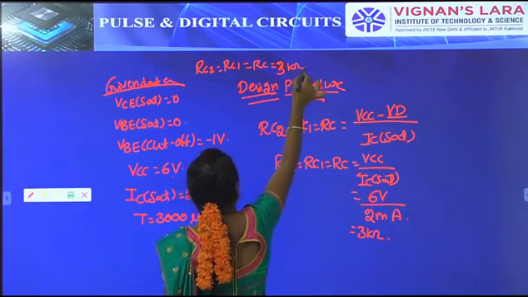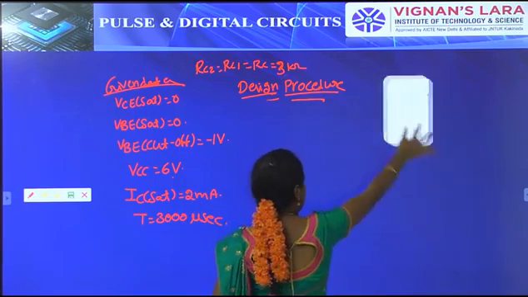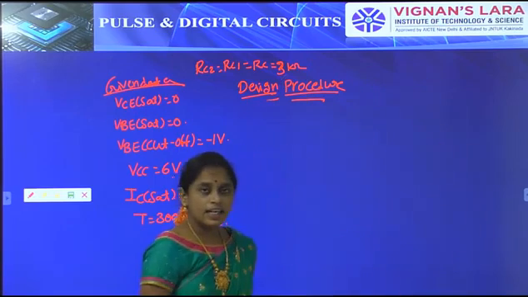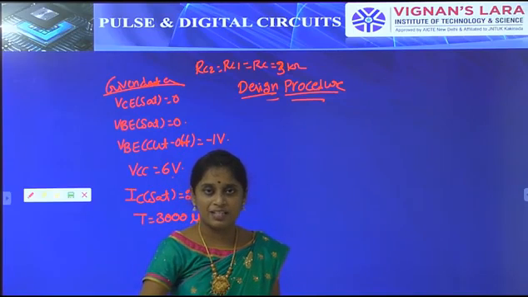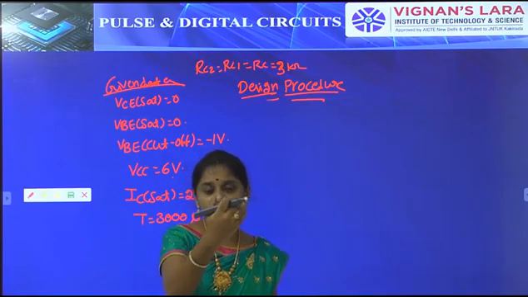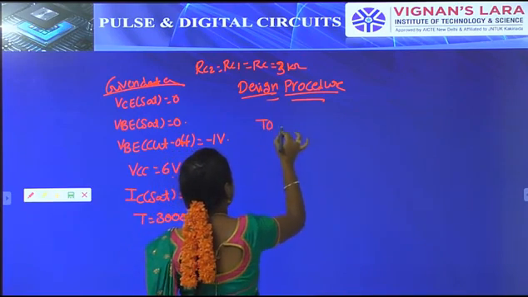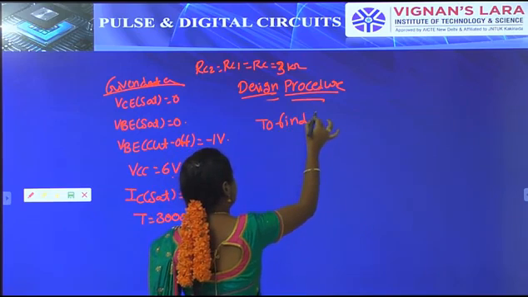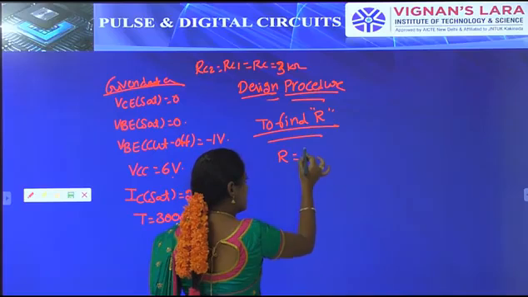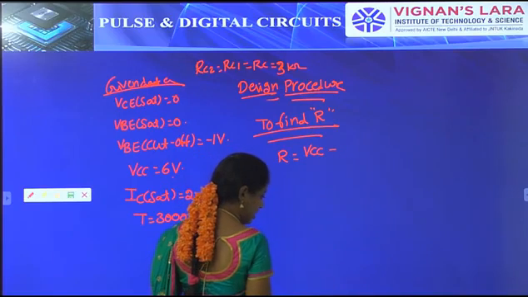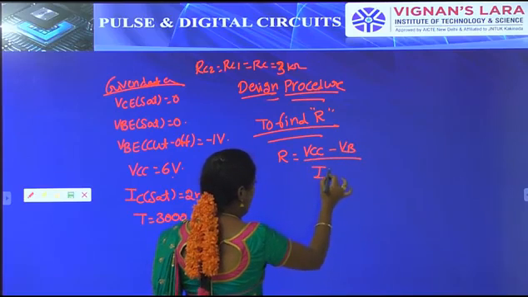3 kilo ohm. After that, we have to find the resistor R. Where is it connected? It is connected at the point of VCC and in between the capacitor, simply between VCC and VB. So to find resistor R, R is equal to VCC minus VB by IB2.